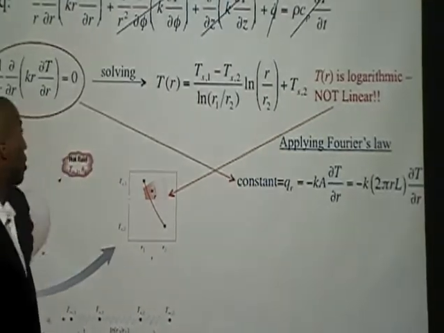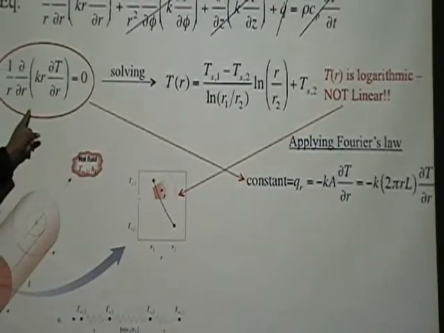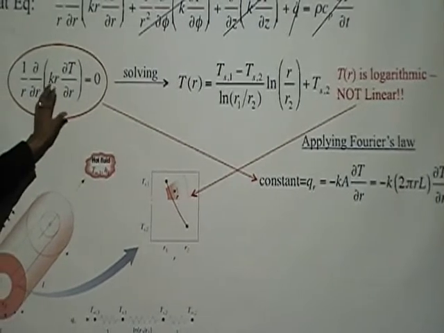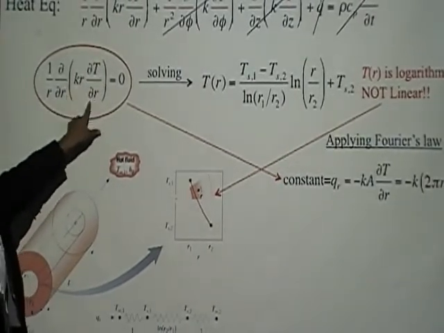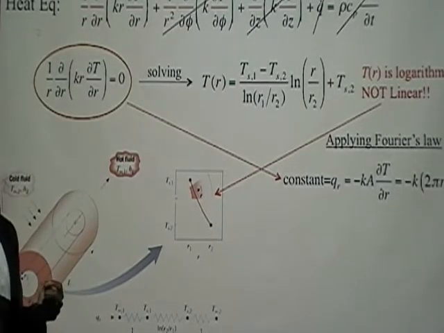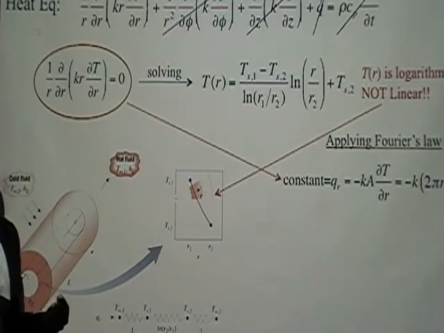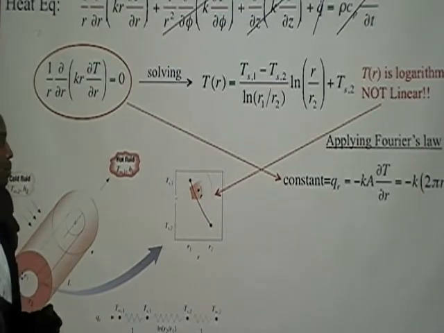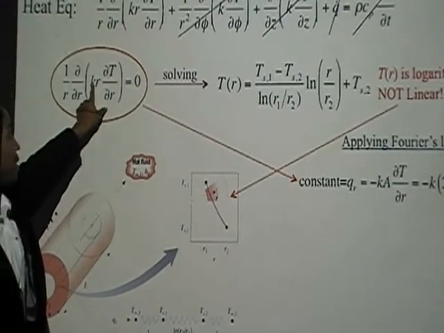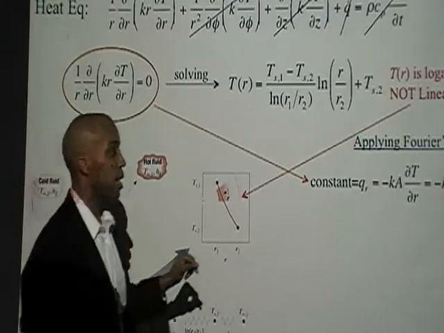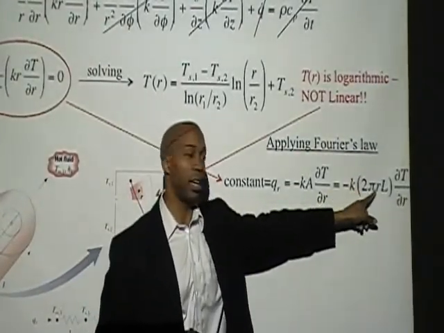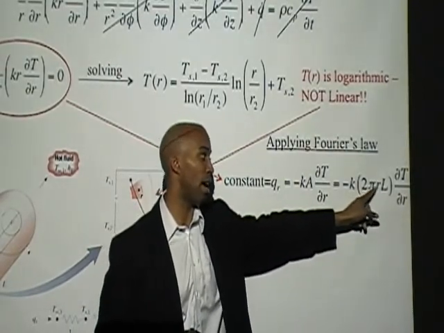We know that to be true. But why do we know that to be true? Well, we have to go back to our governing equation, and basically it's saying that thermal conductivity k times r times dT/dr, the derivative of that is 0, so therefore it's a constant. And what is this? Well, this is Fourier's law. This k, r, dT/dr shows up right here, where we have k times the area, and the area in this case is 2πrL.